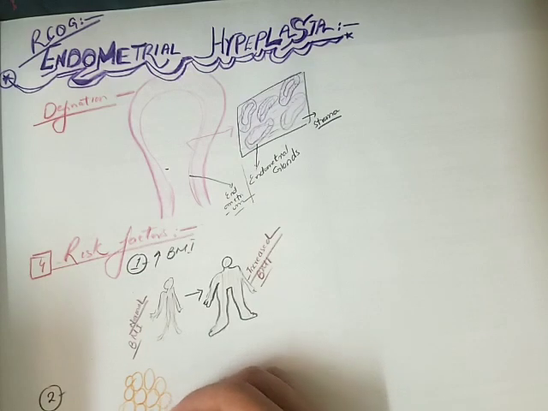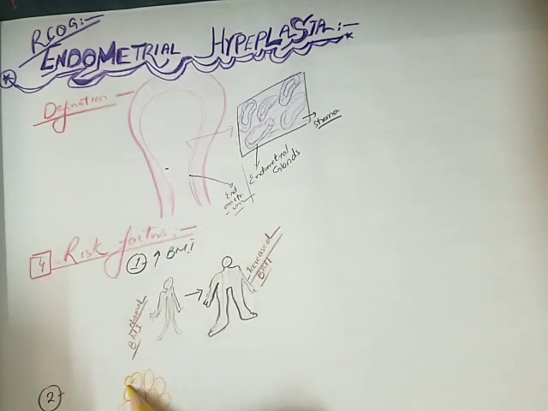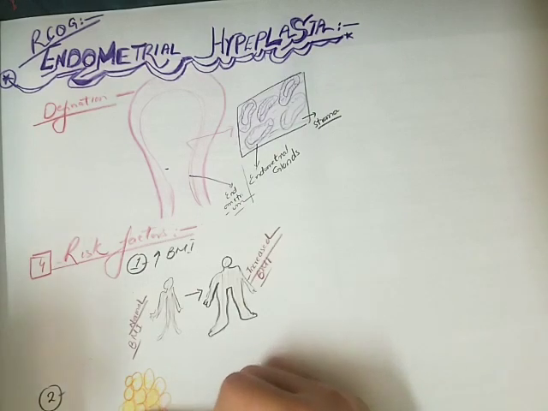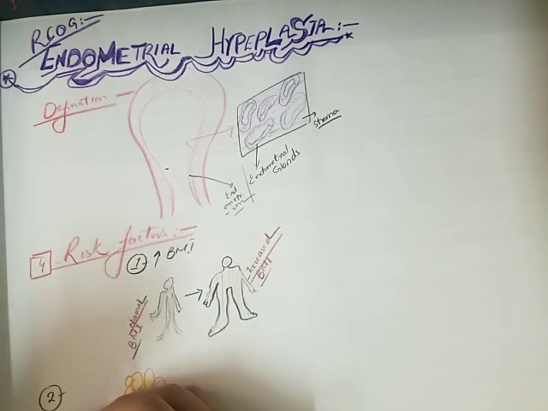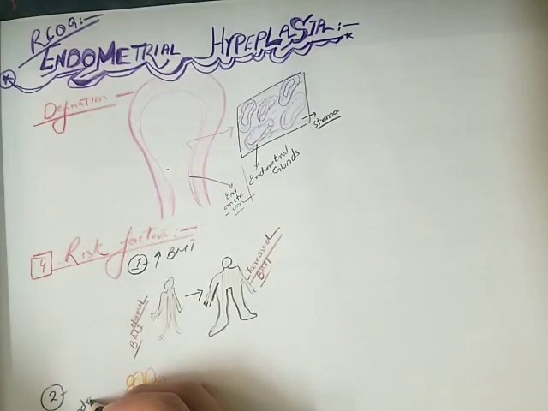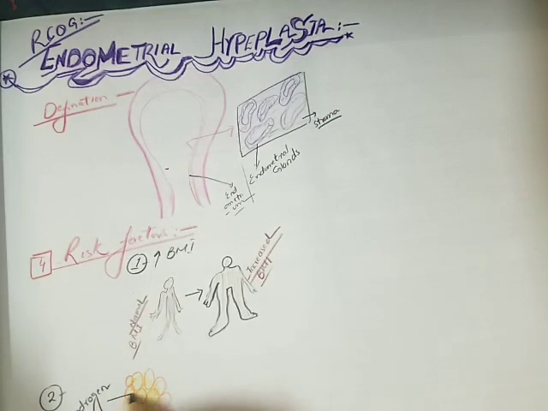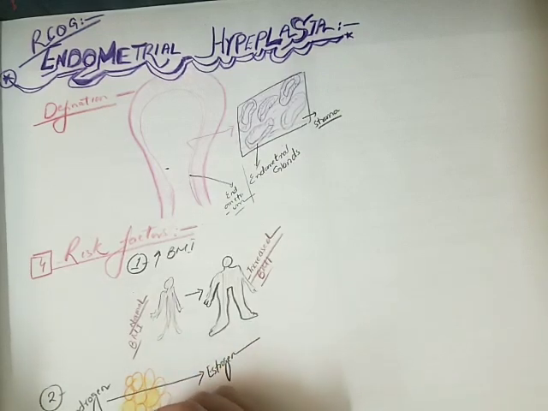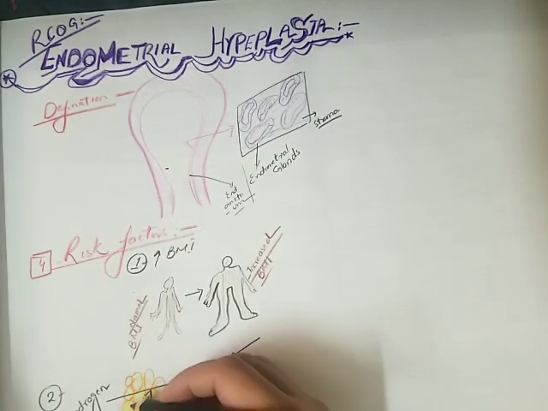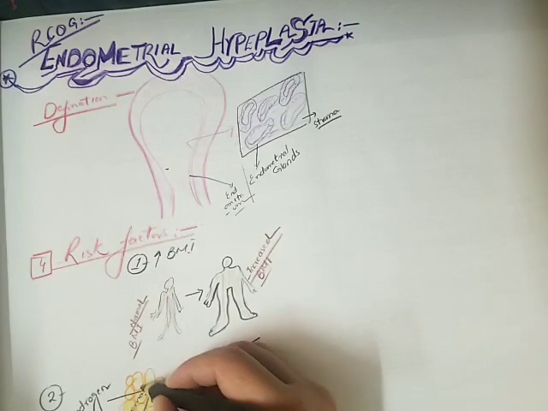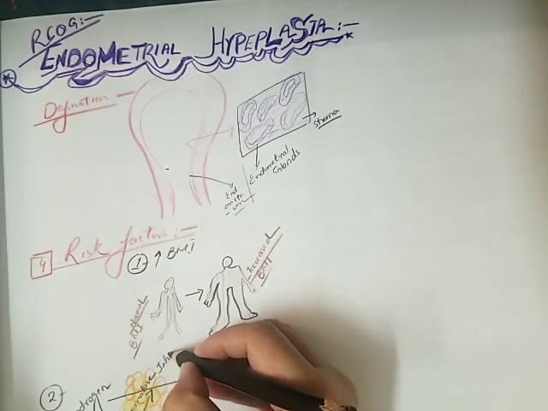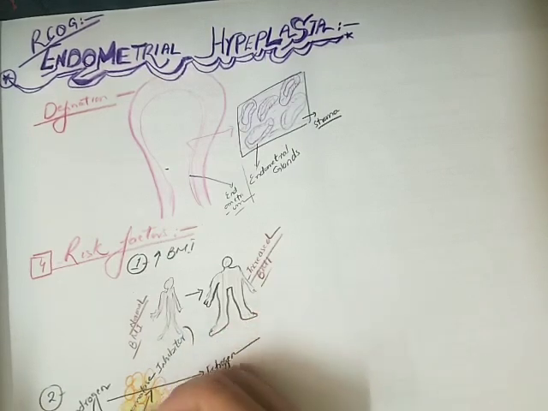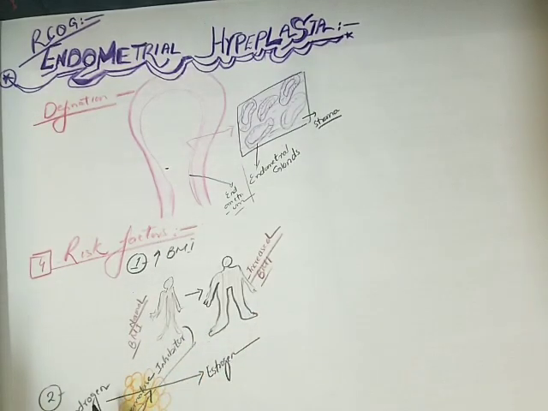If we check the adipose tissues, we will see that there are biochemical processes going on, in which androgen is converted into estrogen by aromatase. Aromatase is a specific enzyme which converts androgen into estrogen.